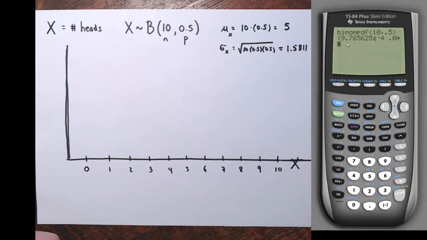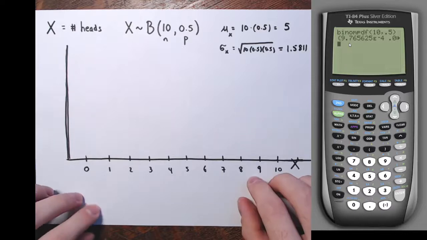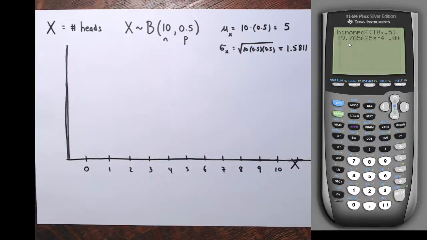And the first number in this list after the little brace is 9.7 times 10 to the negative fourth. So this is like 0.0009. This is the probability of getting 0 successes. So I'm going to start making bars here.